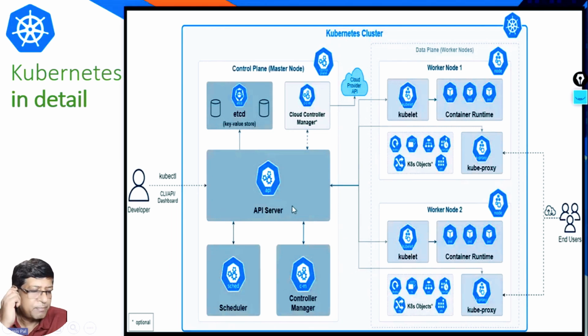What will happen is, if one pod goes down, the replica set will immediately come into the picture and replace that faulty pod with a new pod. So at any point of time, if you have desired 3 replicas of the API server pod, you will always get the 3. That is the robustness, the resilience. So a Kubernetes cluster never goes down.